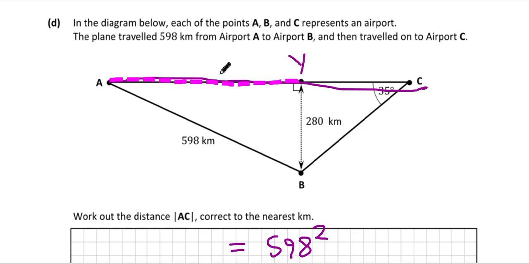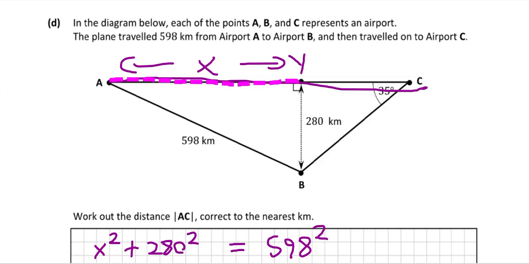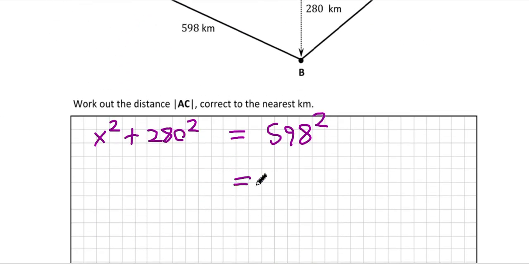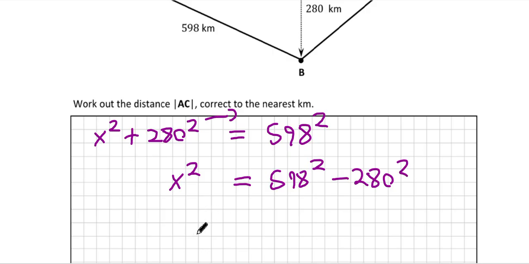What are the two shorter sides? X and 280 squared. We're going to bring the 280 squared over to the other side. So what's 598 squared minus 280 squared?